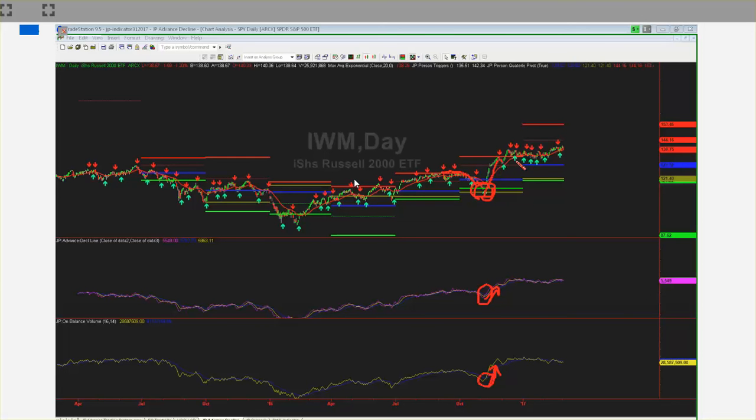So here's the dilemma that we're faced with right now. As the market has been surging ahead, we heard about the Dow yesterday, we know about the S&Ps moving up. This is the Russell 2000, and it just hasn't been accelerating like the other indexes.